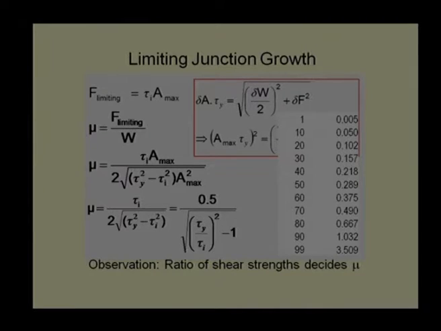If the interface is strong and the bulk material is also strong, we will get one kind of shear strength. If the interface is weak, in the sense that it forms a cold junction, then again the shear strength of the material will be comparable to the interface, and the coefficient of friction will be very high.